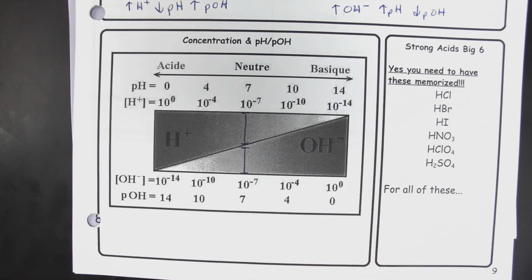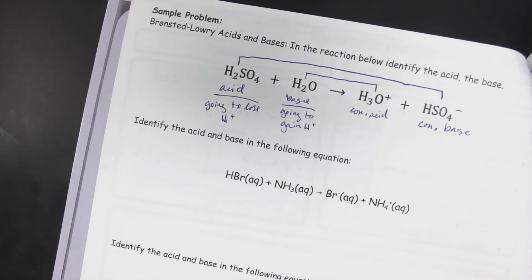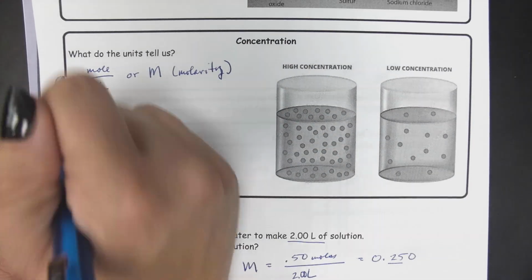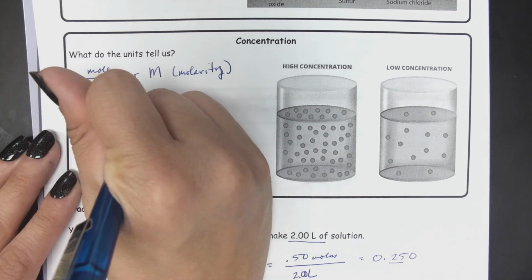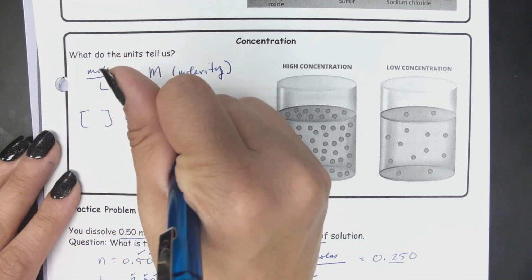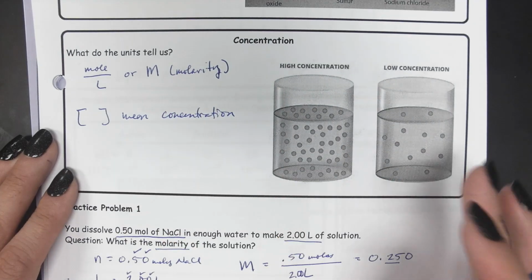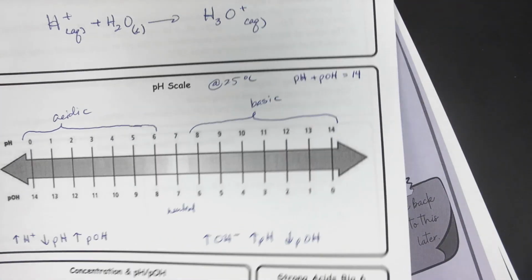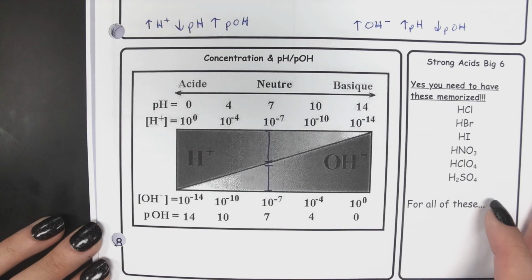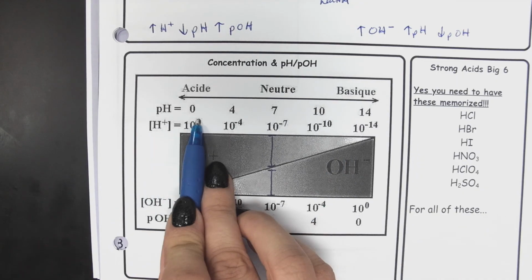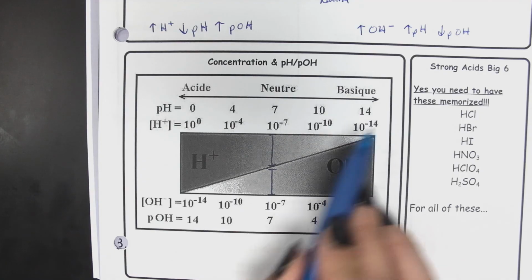The brackets mean concentration. And maybe we should quickly put that back on the concentration on page 7. Brackets mean concentration, or the amount in a given volume, right? So here, the concentration of H plus is big, right? 0 compared to like -14.